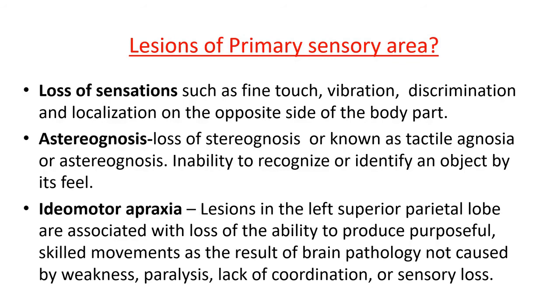There is another term called astereognosis. This is the loss of stereognosis, also known as tactile agnosia: the inability to recognize or identify a common object by its feel. It happens if you lose the somatosensory association areas 5 and 7, or anywhere in the path.